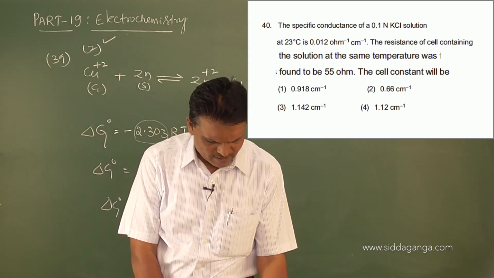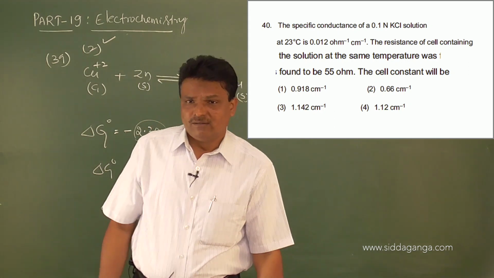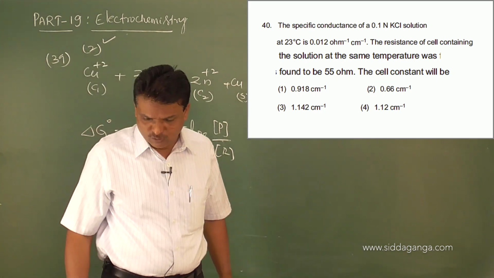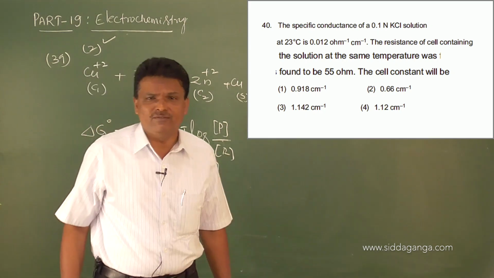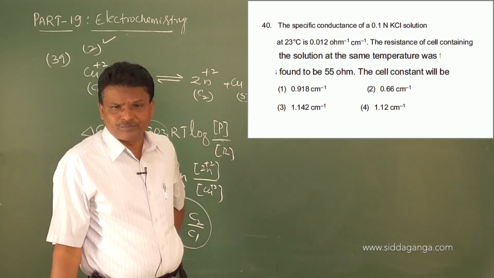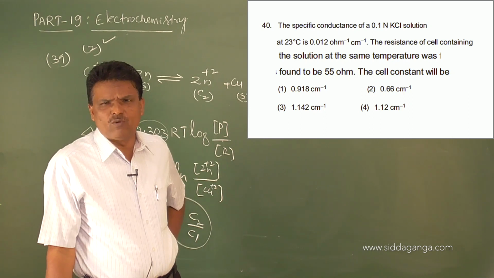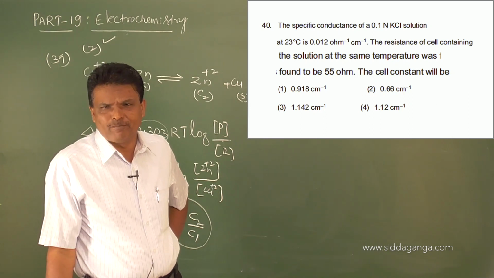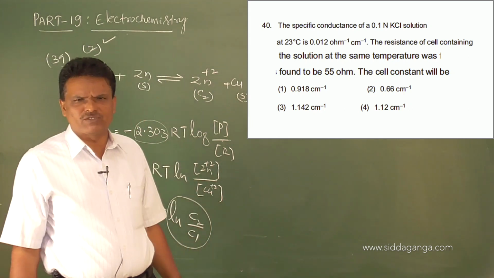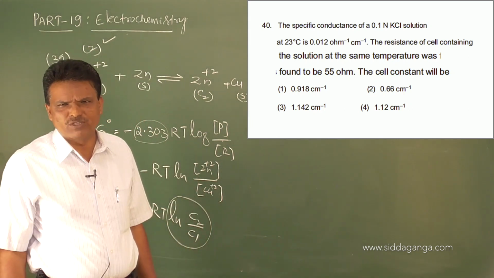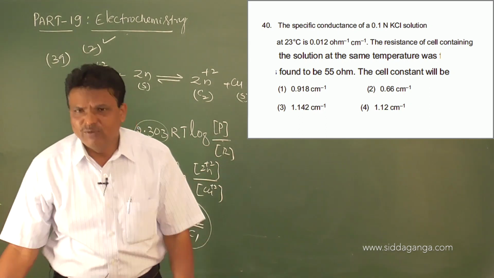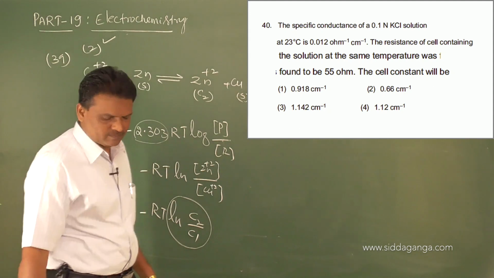Question number 40. Specific conductance of 0.1 normal KCl solution at 25 degrees centigrade is 0.012 per ohm per centimeter. Resistance of a cell containing the solution at the same temperature was found to be 55 ohms. Cell constant will be? So what is the value of cell constant?